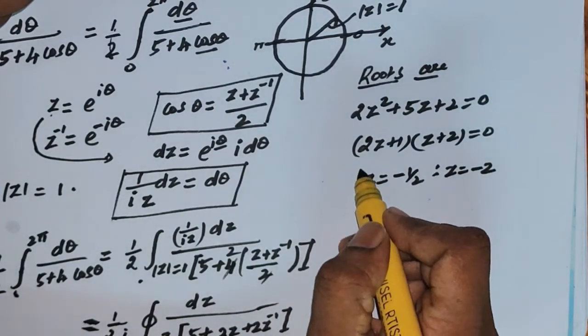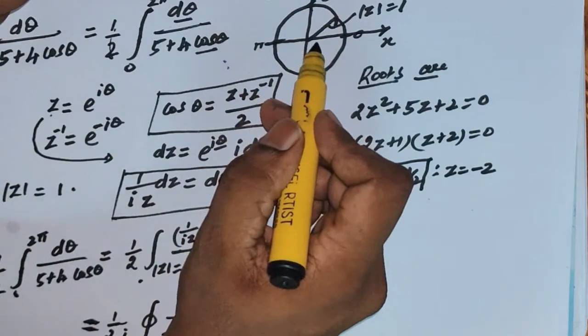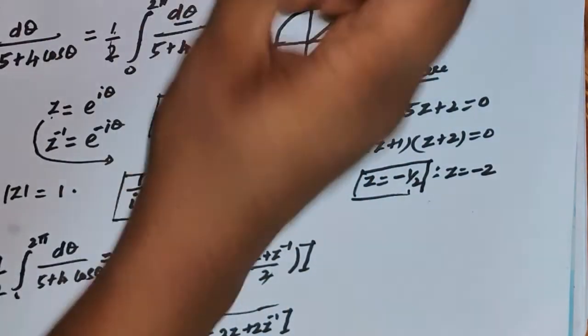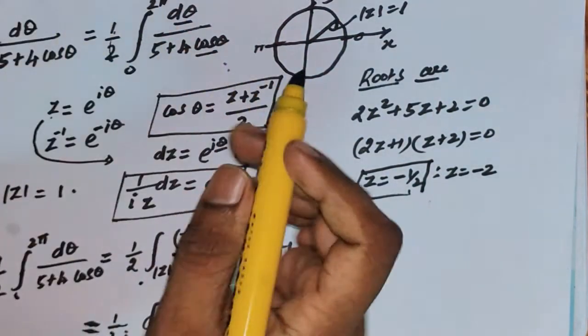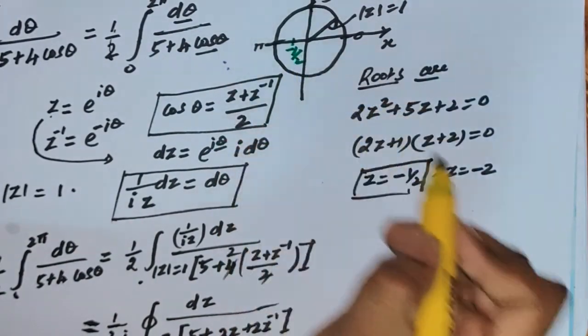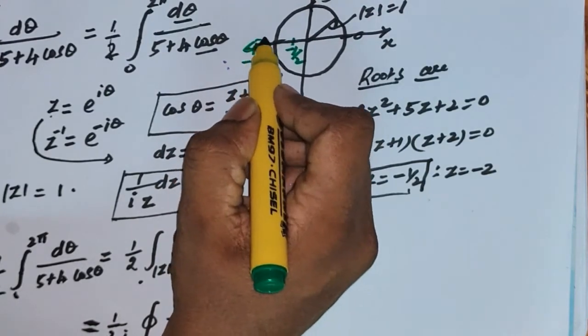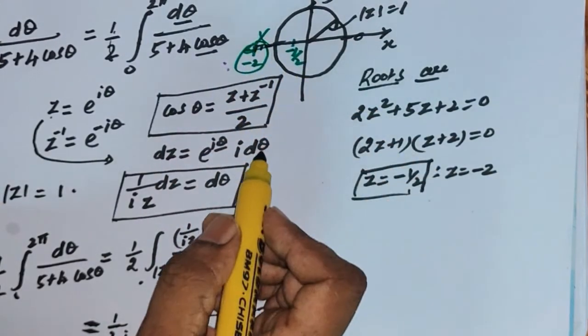You can check that z equal to minus 1/2 is within the unit circle. But z equal to minus 2 is outside the unit circle, so we don't want to consider this point, we can leave it.